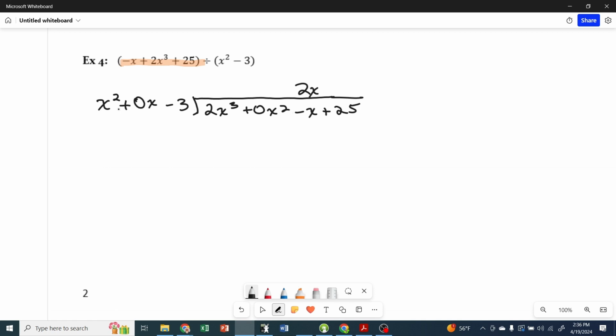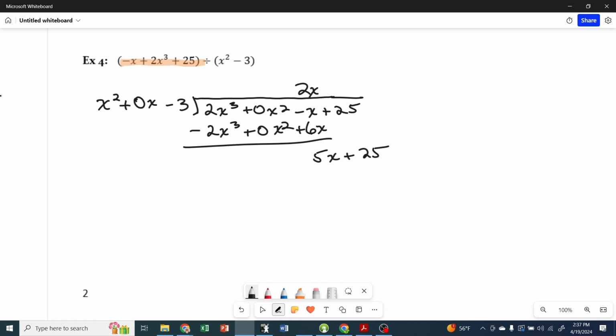So 2x times x squared is 2x cubed, change the sign, negative 2x cubed. 2x times 0x is plus 0x squared. 2x times minus 3 is minus 6x, but we're going to change that to plus 6x. So this comes down, I got 0, here's another 0, so I end up with 5x plus 25.